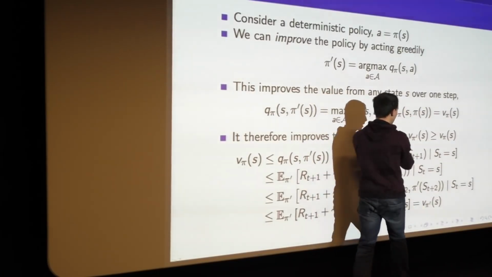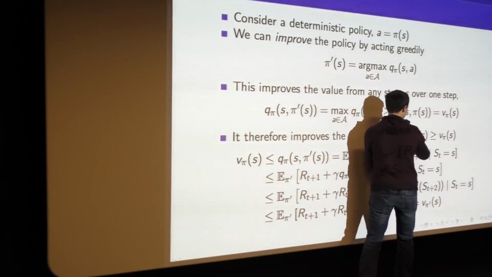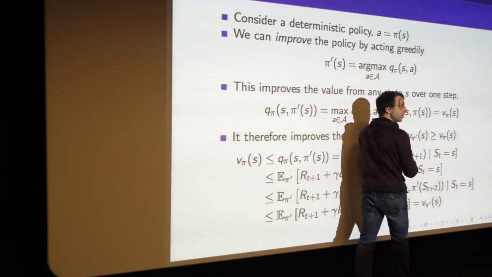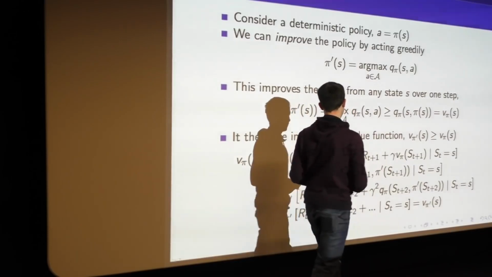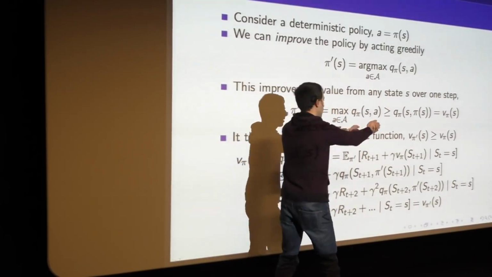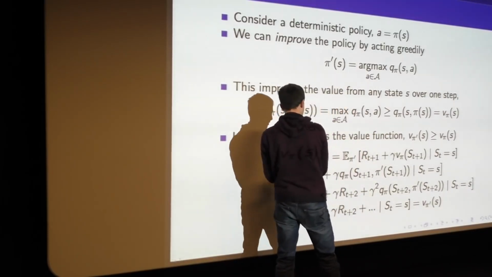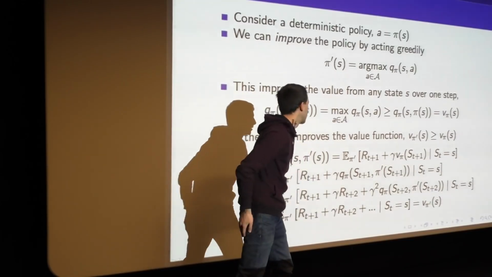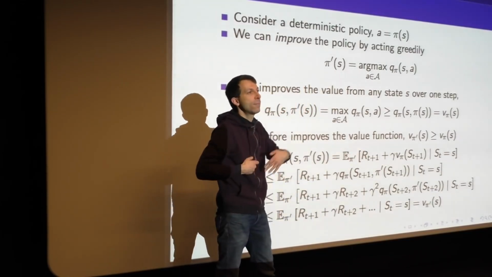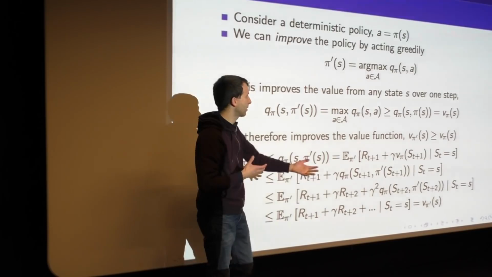Then we apply the same inequality to v pi at the next state, and we unroll this, and that tells us we get at least as much value for one step, then two steps, and so forth.